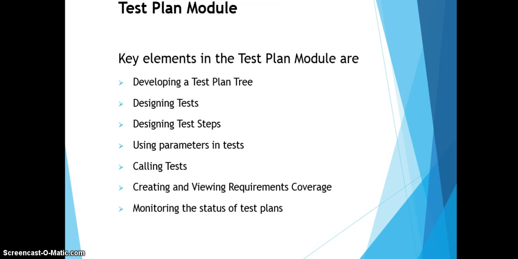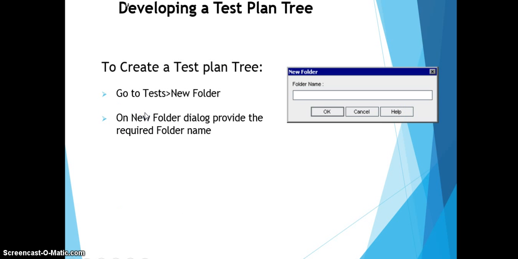So the key elements in the test plan module are developing the test plan tree, designing the tests, designing the test steps, that is the actual steps which you need to execute, and the expected outcomes, right? So now for creating a test plan, you will go and create a new folder.